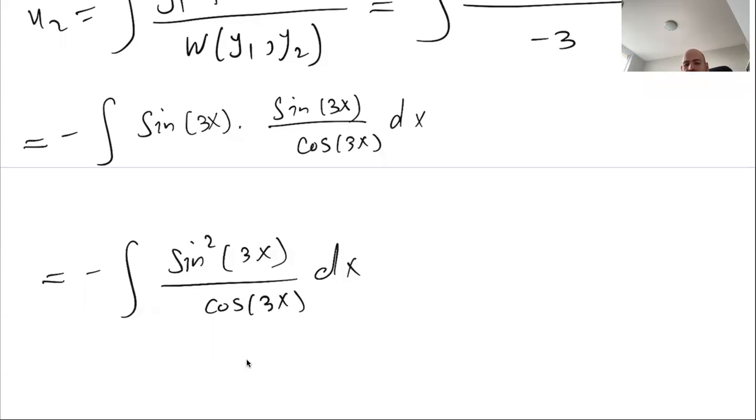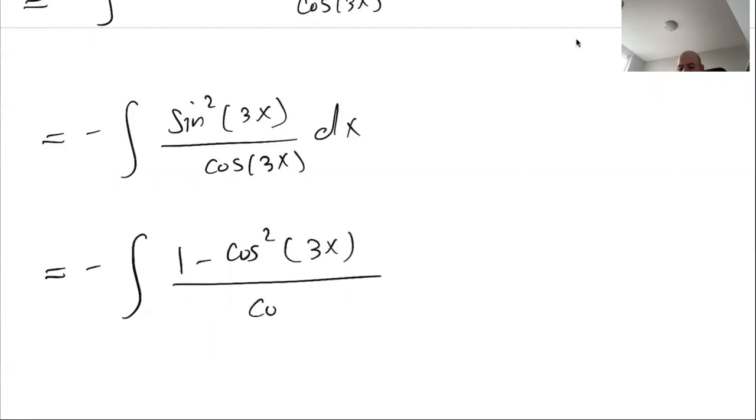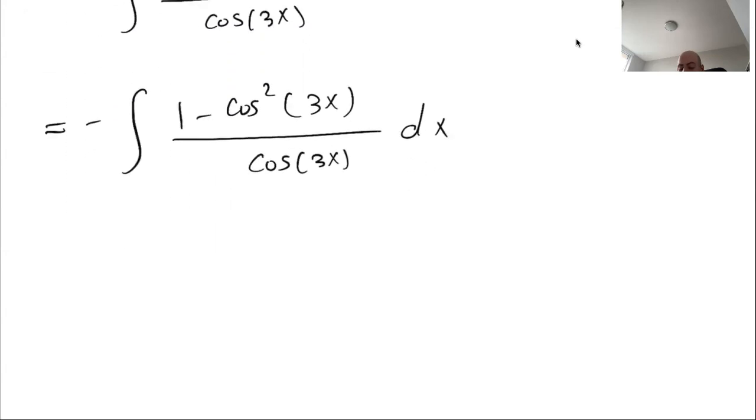So we have sine squared 3x divided by cos 3x. Now sine squared I can write as 1 minus cos squared. So let's replace it: minus integral 1 minus cos squared 3x divided by cos 3x dx.